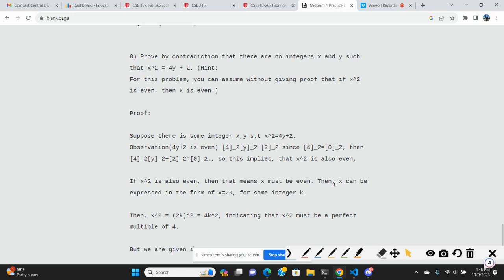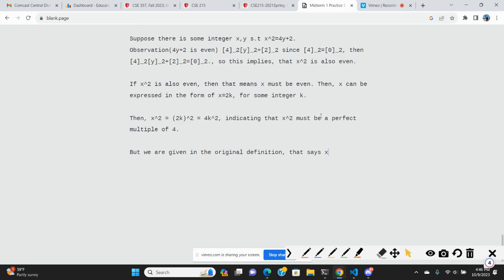But we are given in the original definition that x squared is equal to 4y plus 2, which is saying that x squared is not a perfect multiple of 4. It gives a remainder of 2.